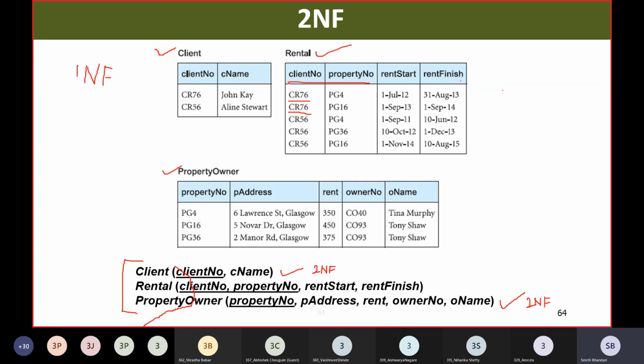So these two attributes, rent start and rent finish, are now fully dependent upon this primary key. And that is why we say that this relation is also in 2NF. Got it? If you have any doubts, please let me know.